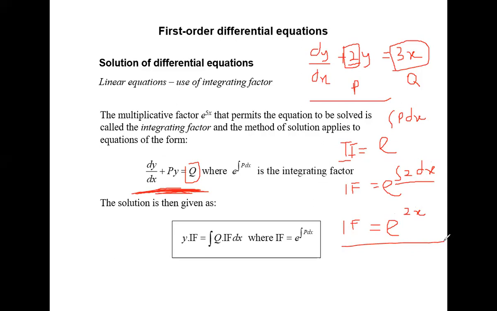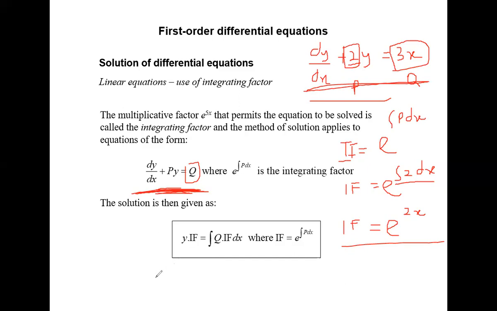Okay. Now, after you've obtained your integration factor, what's next? What you do next is you multiply the original equation with the integration factor. So you multiply both the right side and left side with the integration factor.